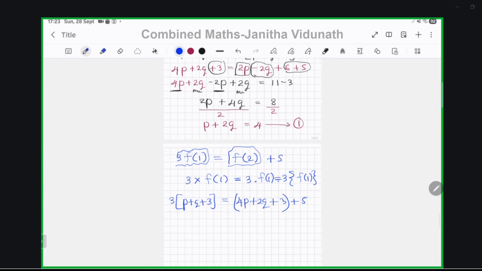Now we can simplify this bracket. Then we have 3p + 3q + 9 on the left hand side, and on the right hand side we have 4p + 2q + 8.